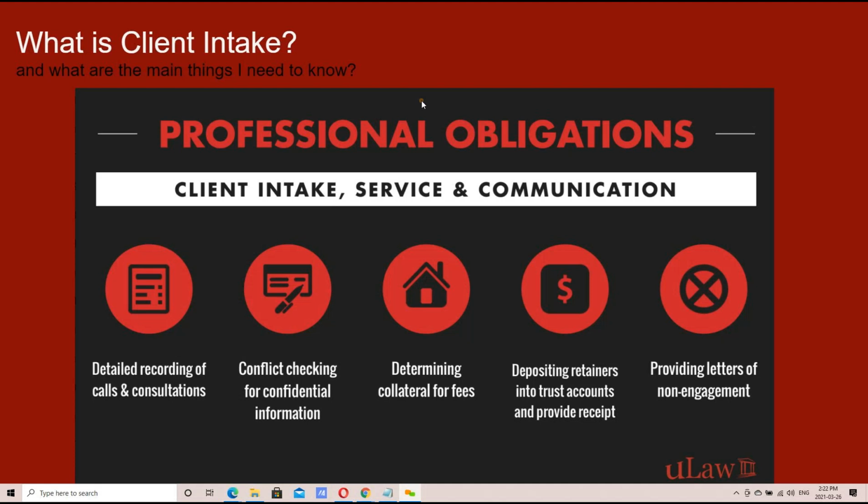Clarity of that retainer and engagement letter. The financial aspect is a very important component of that retainer or engagement letter.